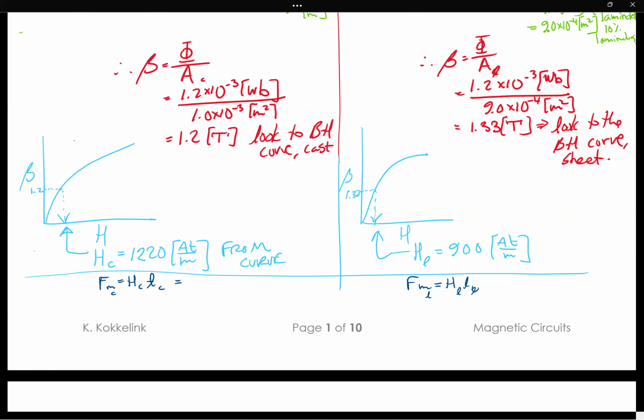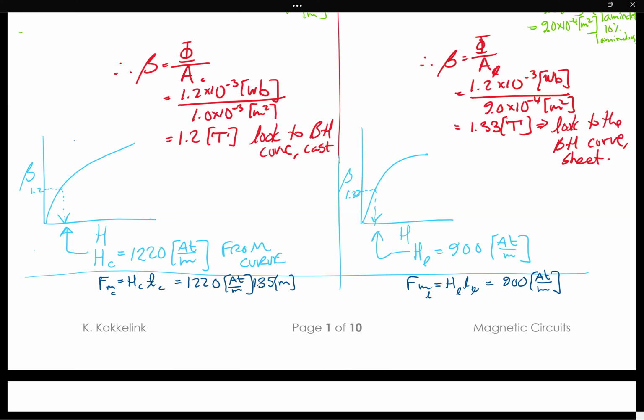And we just got H is 1220 amp turns per meter times L was 35. It was 35 centimeters. It was 0.35 meters. And over here we had 900 amp turns per meter. And I hope this took less than an hour.